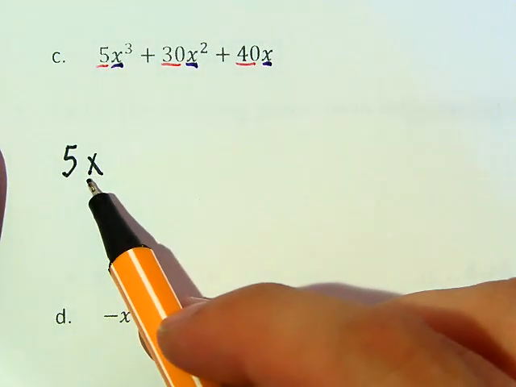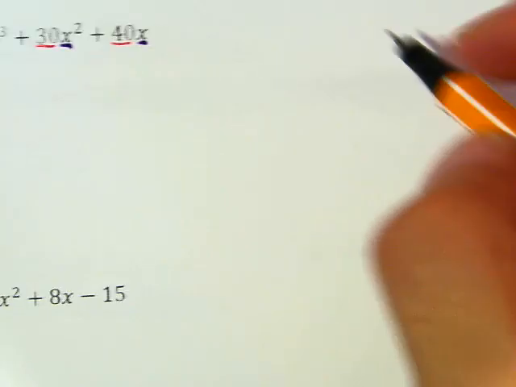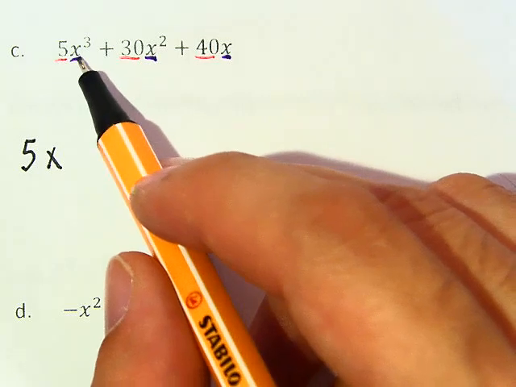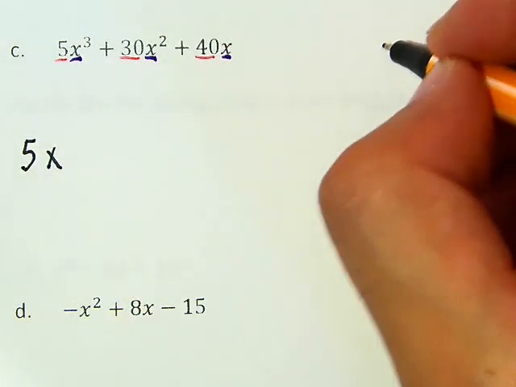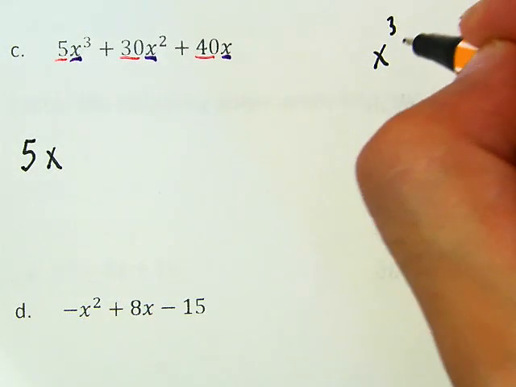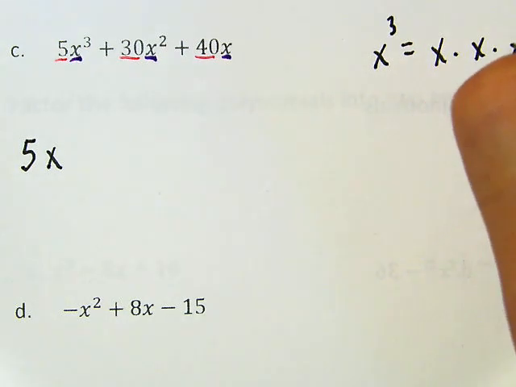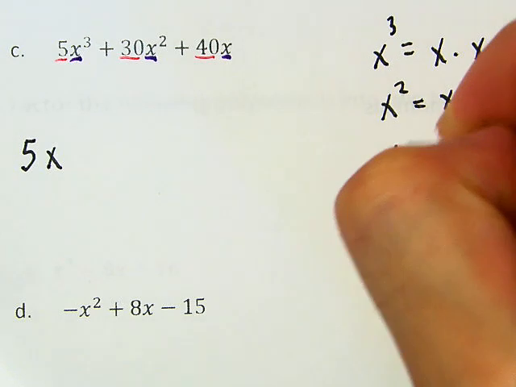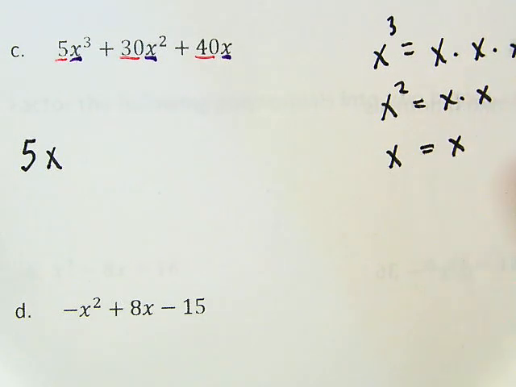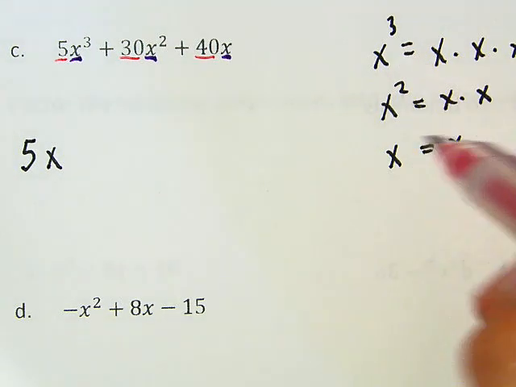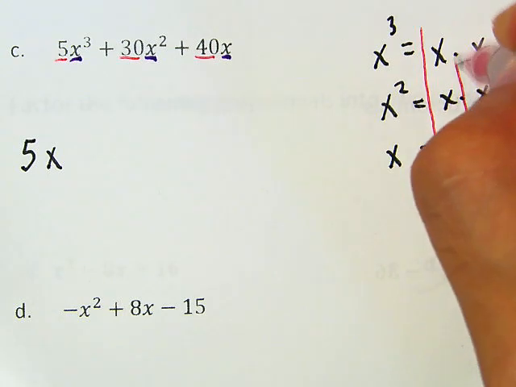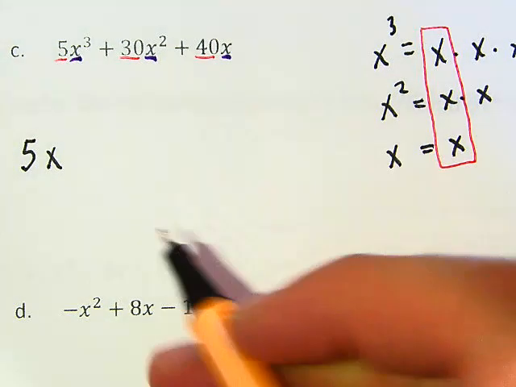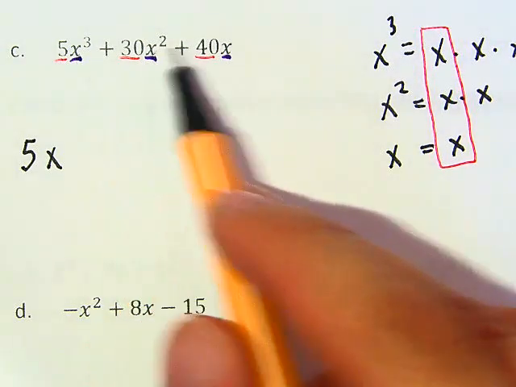And this was from before. Just to recap, why is the greatest common factor of x cubed, x squared, and x equal to x? Because x cubed is equal to x times x times x, x squared is equal to x times x, and x is just x. How many x's do they all share in common? They all share one x in common. So that's why we just have x as the greatest common factor of these 3.